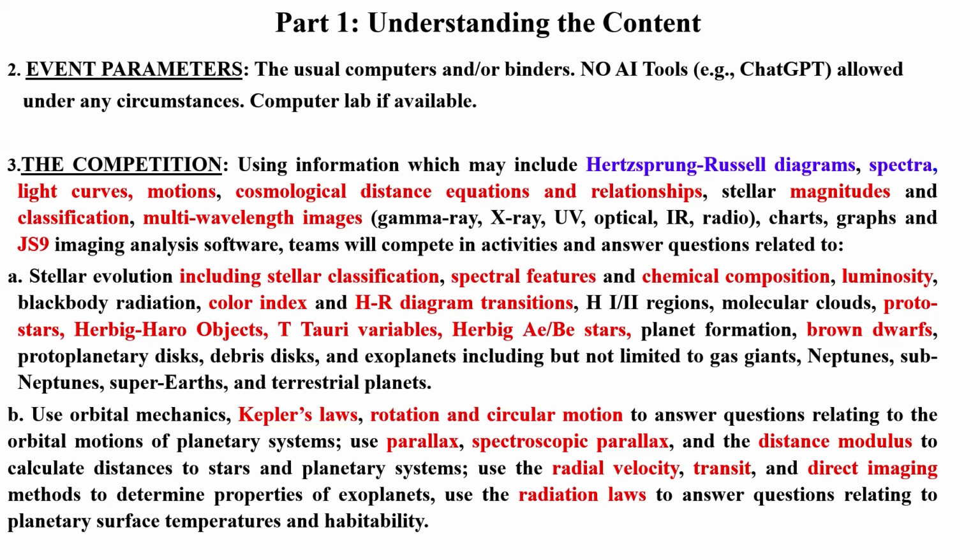Because JS9 is now browser-based and works exceedingly well, we try to have the astronomy event held in a computer lab whenever possible. This makes the JS9 question much easier, as the website will be active during the entire event, so teams can work on the JS9 question at any time during the session.